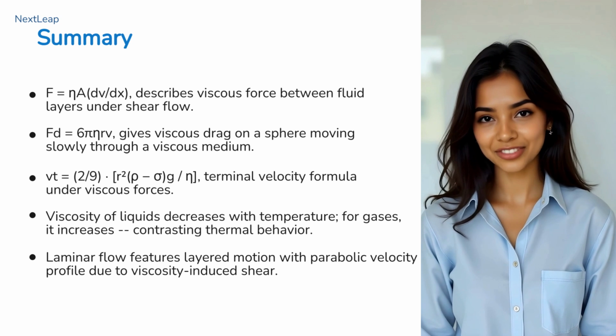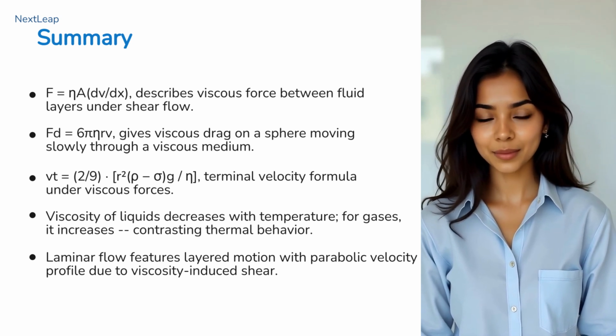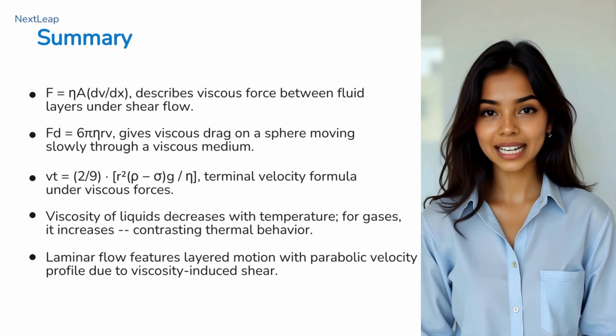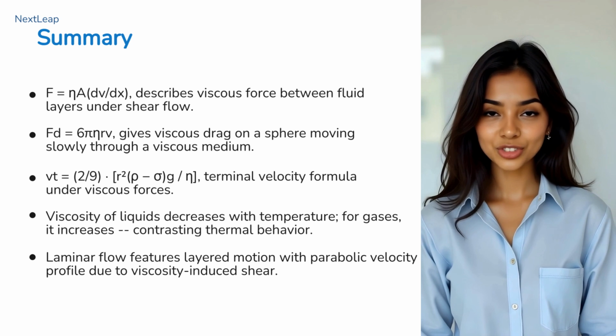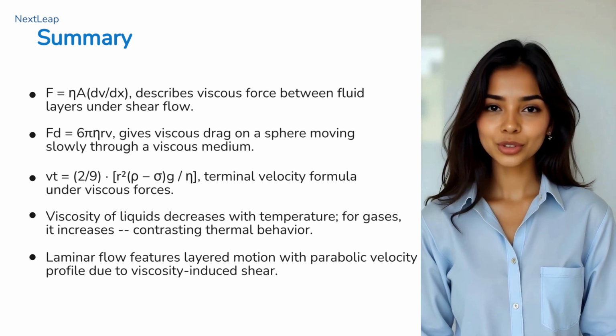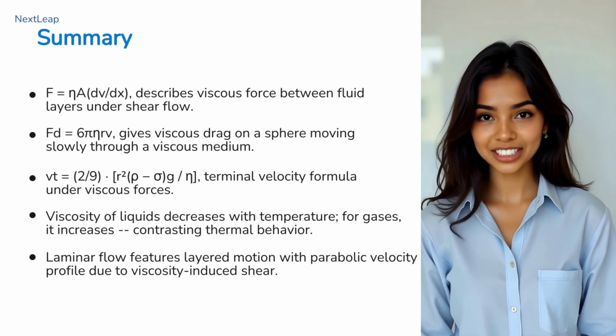First, the viscous force acting between fluid layers under shear flow is nicely described by force equals viscosity times area times velocity gradient. Next, the viscous drag force on a small sphere moving through a fluid slowly is given by 6 times pi times viscosity times radius times velocity.